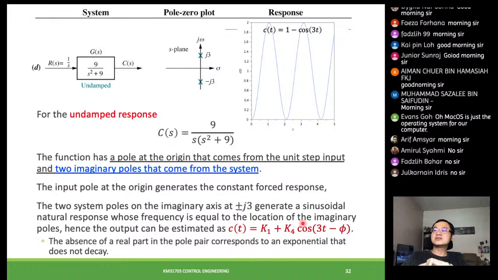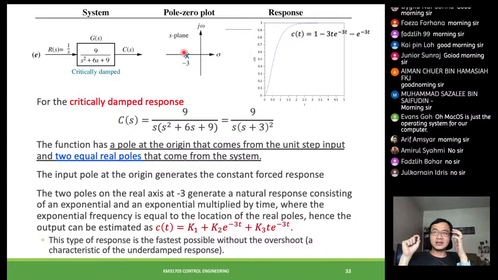What we can see is that in this critically damped case, before that, if we have an overdamped response, we will have two real poles. If these two real poles go very close and are found to be the same value, then we approach what we call the critically damped response.